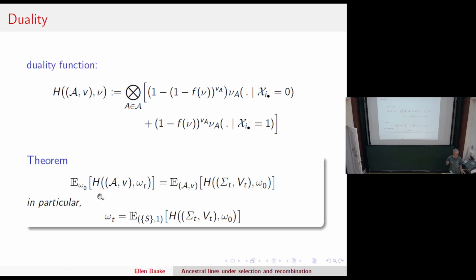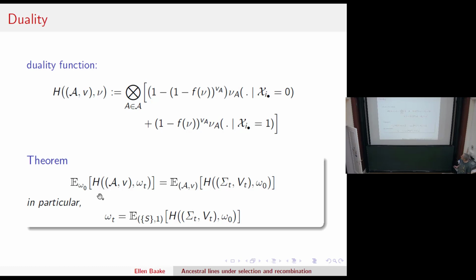For every part of the partition, I first decide whether the type at the root of an ASG with v_A lines is good or bad, and then I sample the type of the subsequence corresponding to A from the corresponding marginal measure, conditional on the selected site being bad or good.